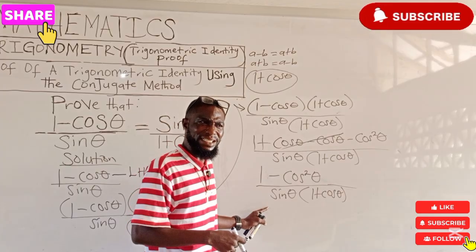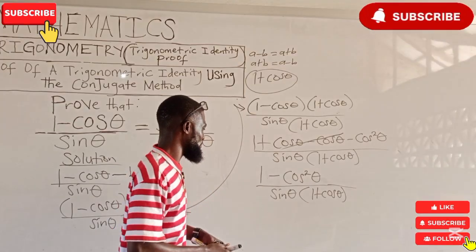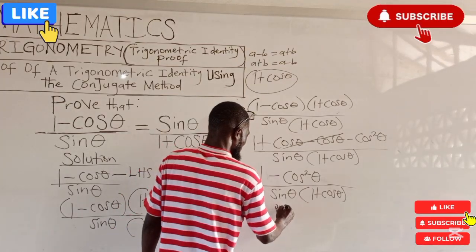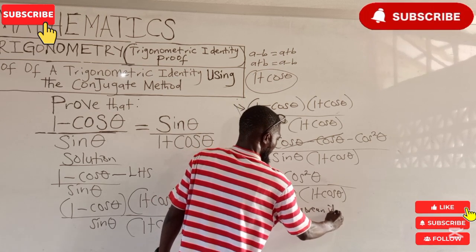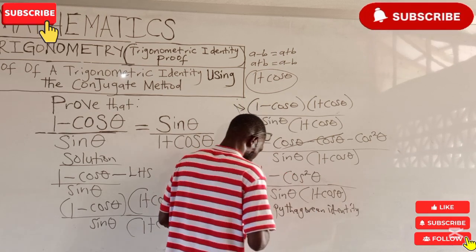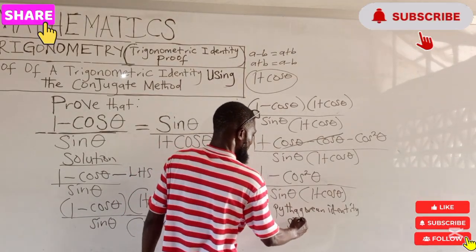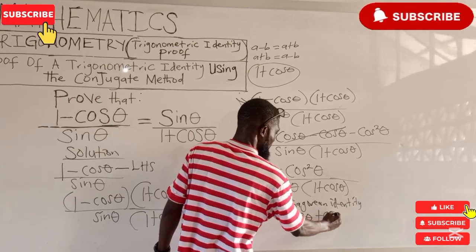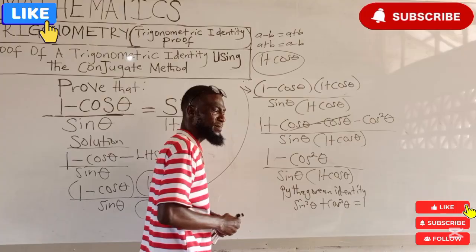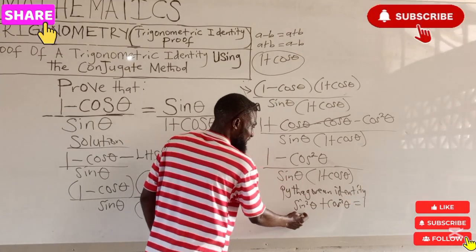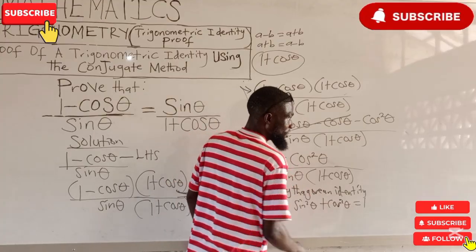The Pythagorean identity is also referred to as the fundamental trigonometry identity. Our identity says sin square theta plus cos square theta is equal to 1. That means 1 is equal to sin square theta plus cos square theta.